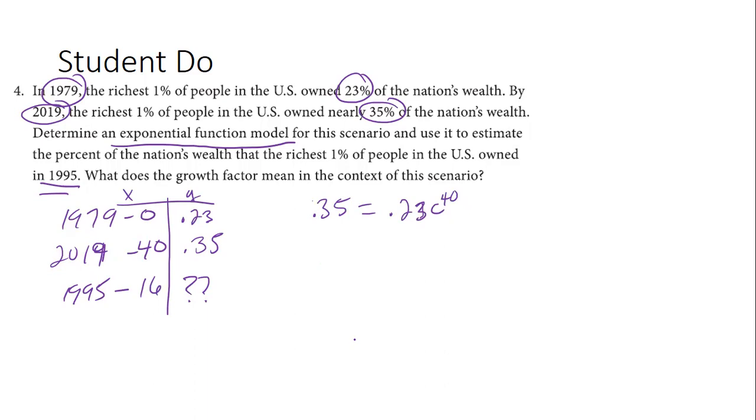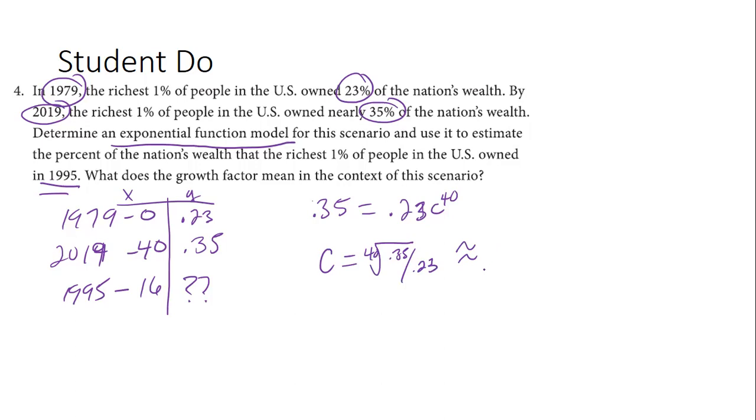I know, you're like 40, that's huge, right? But we don't have to solve it, the calculator does. So c equals the 40th root of 0.35 divided by 0.23. And what do we get for our approximate c value?